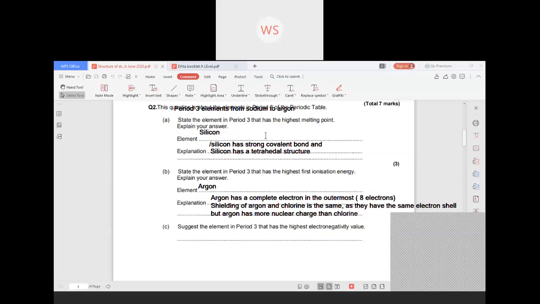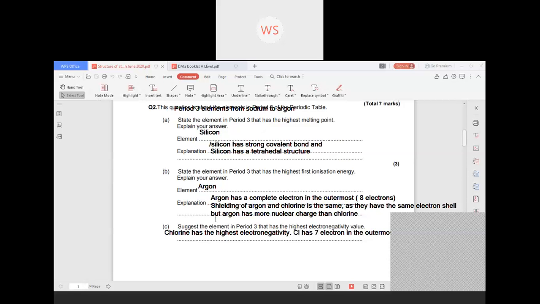The element that has the highest electronegativity is chlorine. Why does it have the highest electronegativity? Chlorine has 7 electrons in the outermost shell.